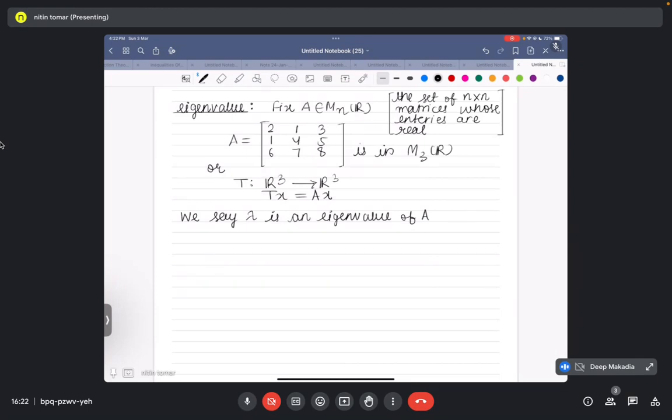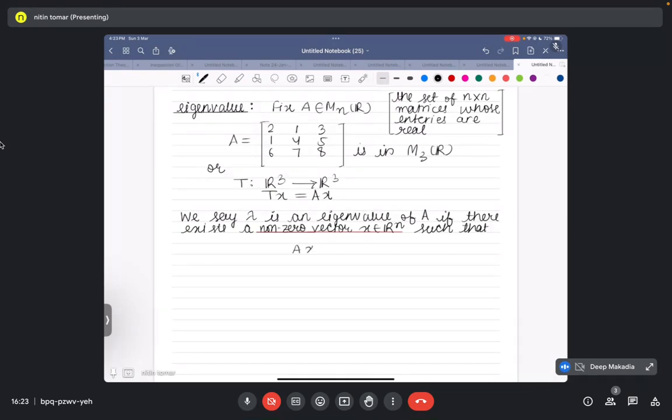No, you have to say properly. See, this is what I would like you to learn. We say lambda is an eigenvalue of A if there exists a non-zero vector x in Rn such that Ax is lambda x.